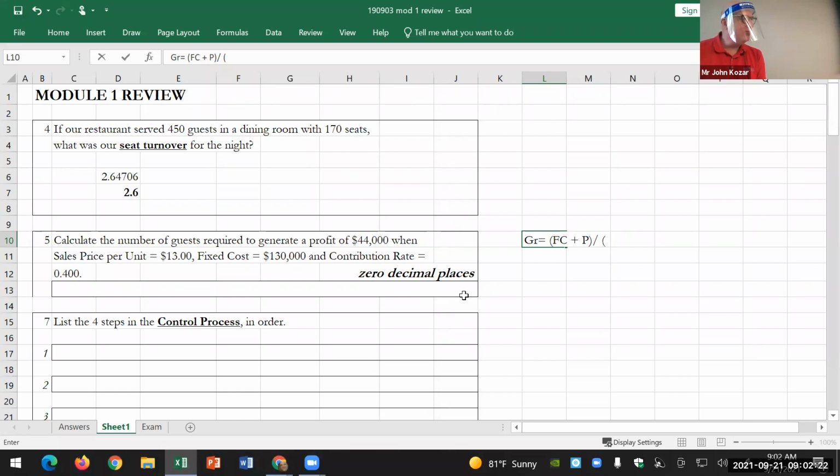So the contribution margin is going to be $13 times 0.400. I guess I should write that.